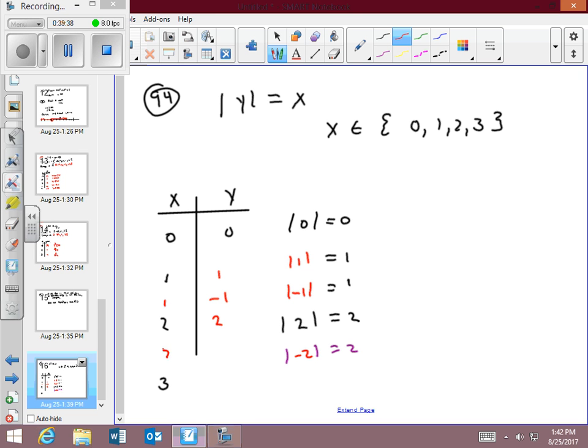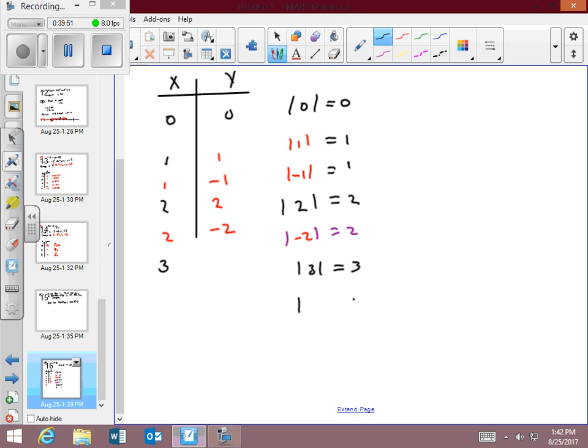So 2, minus 2. And likewise for 3, you could have absolute value 3 equals 3, and you could have negative absolute value 3 equals 3. So this is 3 and 3, and 3 and minus 3.